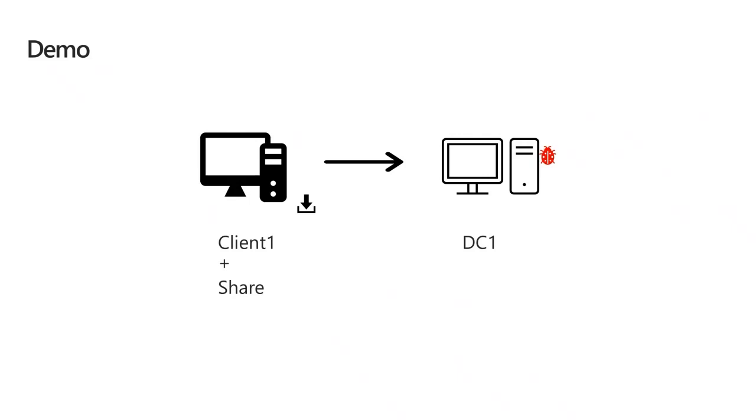In the next demo, what I'm going to show you is a client with a share that everyone can read. We will ask the DC to pull the DLL that we will be creating, in order to allegedly install a new printer or a new driver for an existing printer.